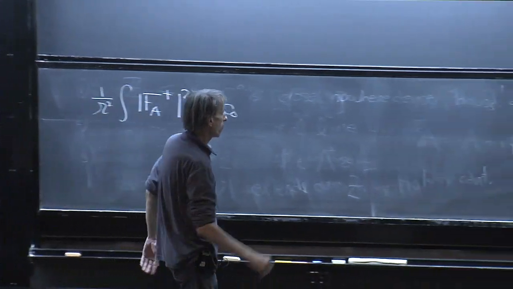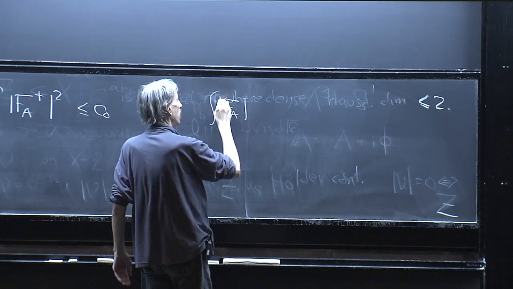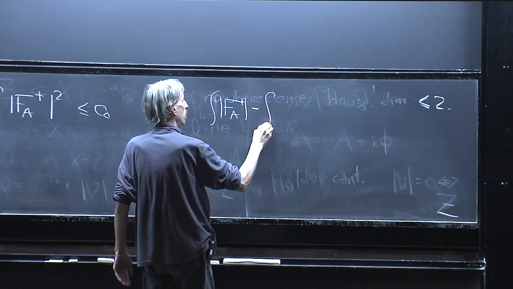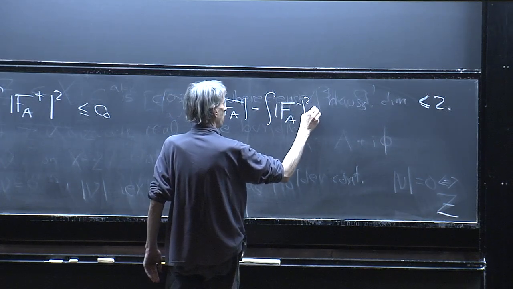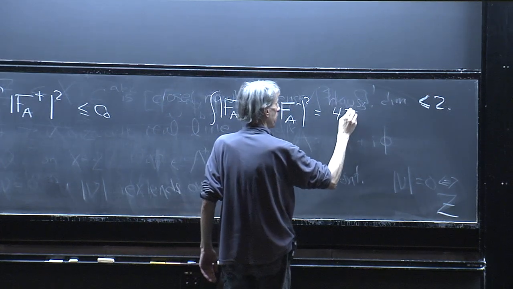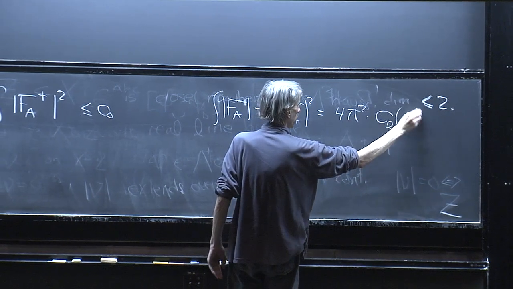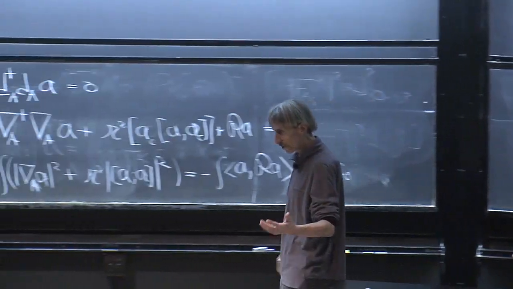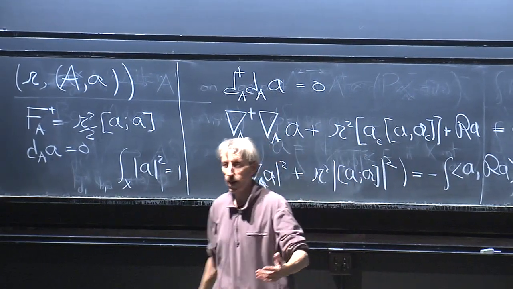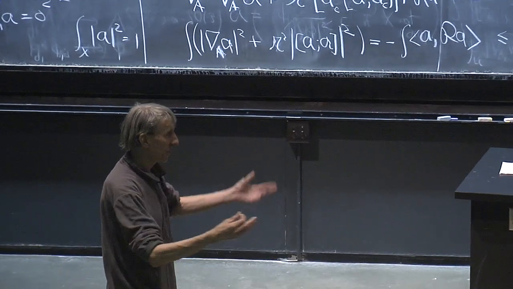But then you'd have an a priori bound on the L2 norm of the minus part of the curvature, because the difference between the plus part and the minus part is a Pontryagin, a characteristic class. I forget, 4 pi squared or 8 pi squared or something times the second Chern number of some bundle associated to the principal bundle. So then you'd have an L2 bound on the whole curvature, and then you could call up Karen Uhlenbeck and say, what do I do? And she'd tell you what her theorem was.